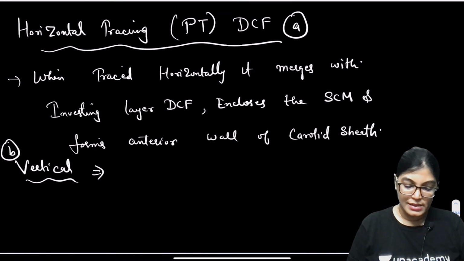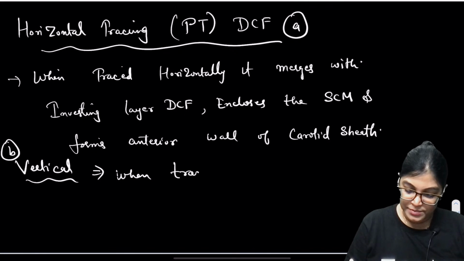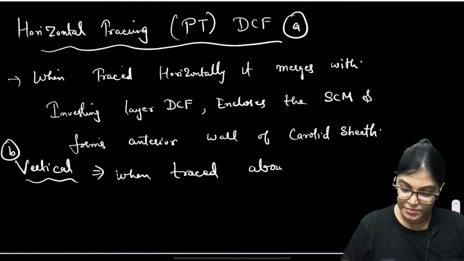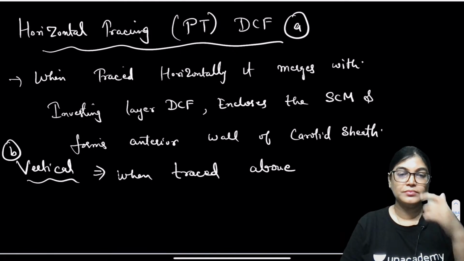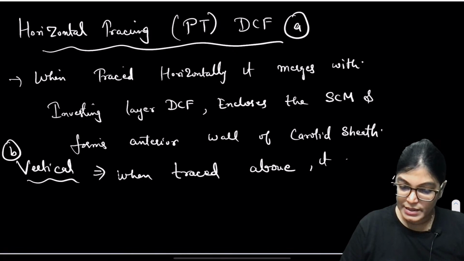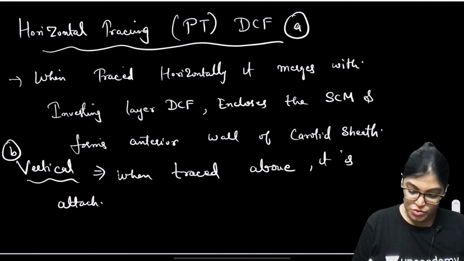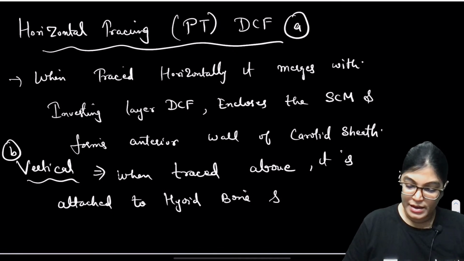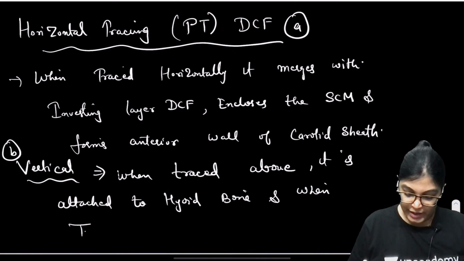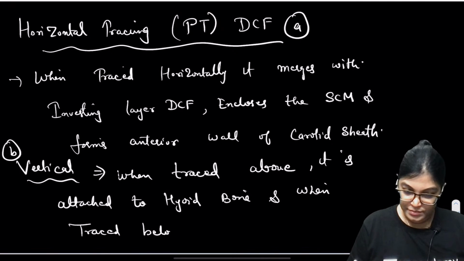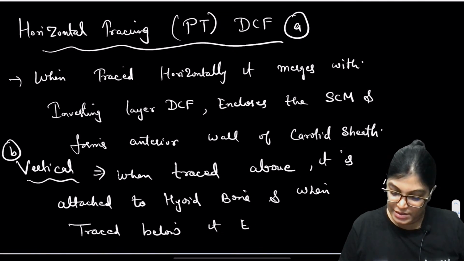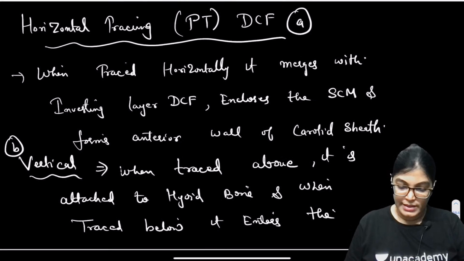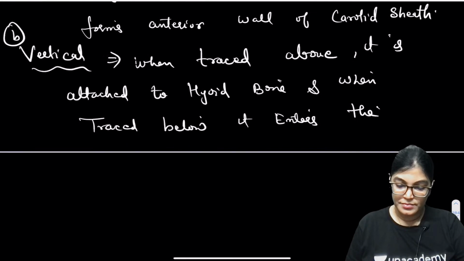So, moving on to this detail, when traced above, it is attached to hyoid bone, and when traced below, it enters the thorax, got it?